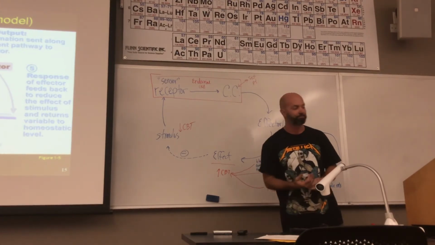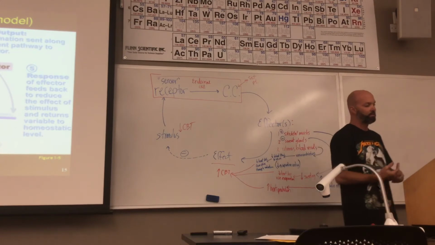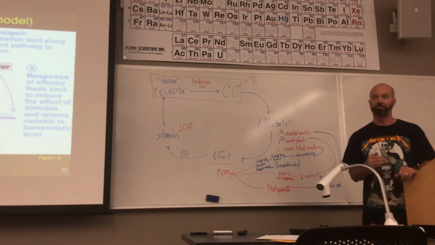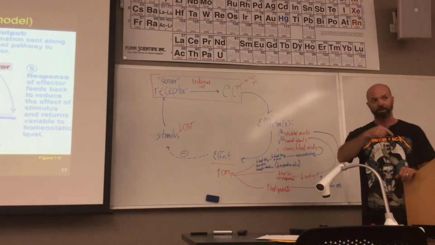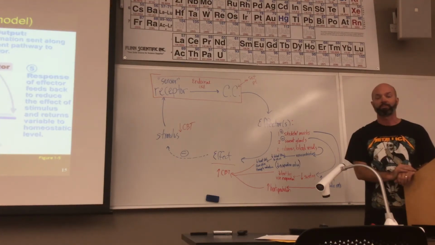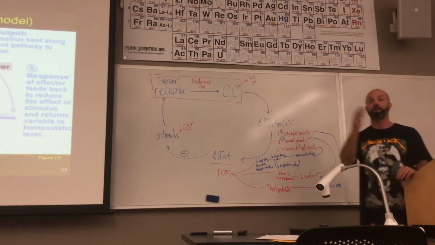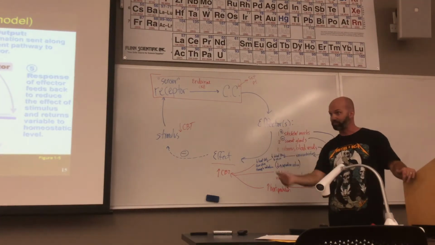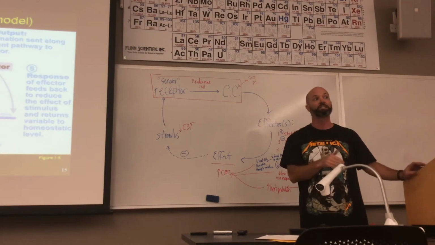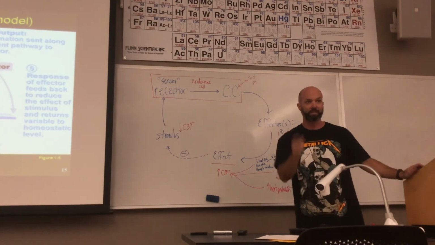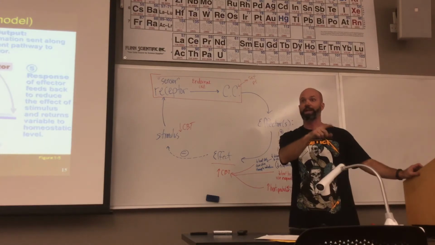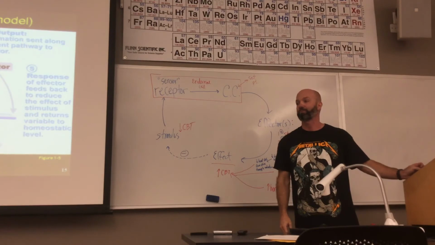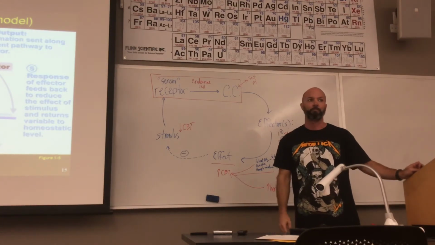The X and Y. We say 23 pair because for each of the 23 types, you have one from your mom and one from your dad. So from chromosome pair 1, a maternal and a paternal. Chromosome pair 2, a maternal and a paternal, right? That's 46. And we say 46 different chromosomes because the paternal chromosome 1 and the maternal chromosome 1 are different, right? They're not the same. 46 different chromosomes in all.